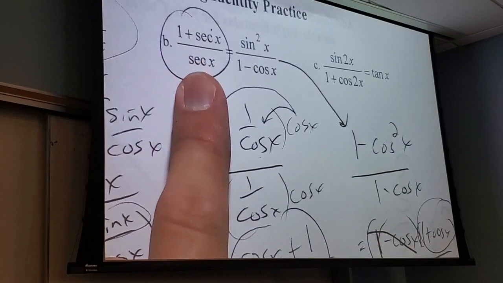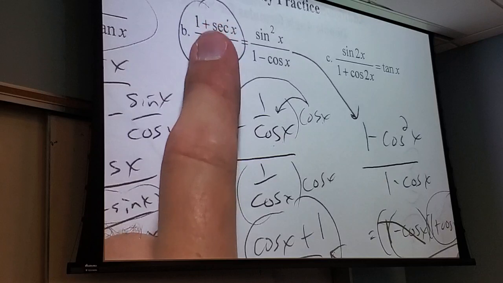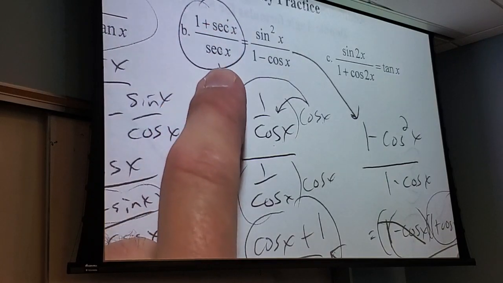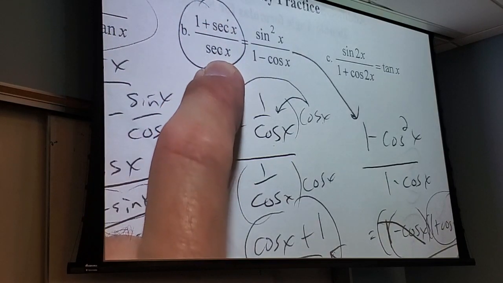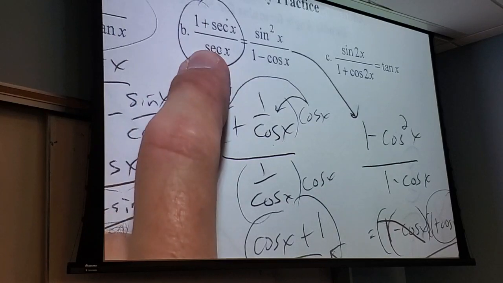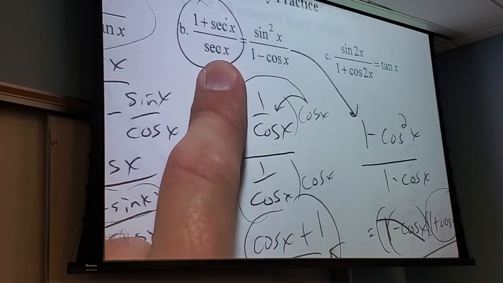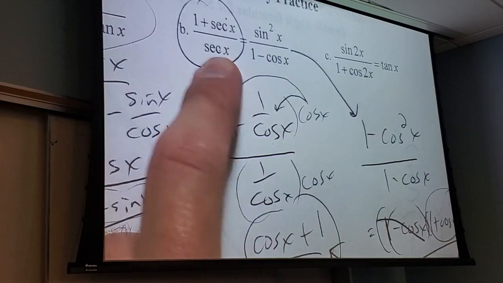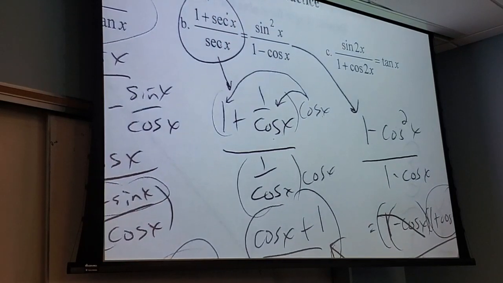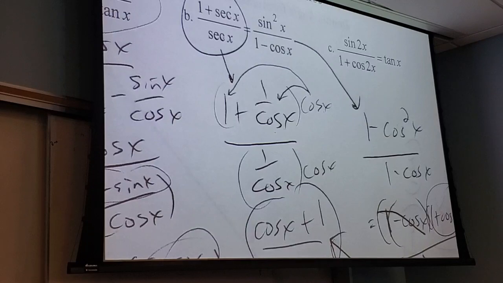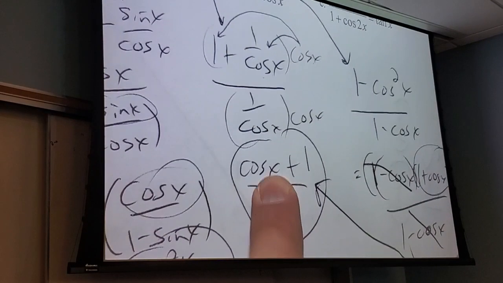What I would have done would have eventually been the same thing as this. But what's 1 over secant? Cosine. Plus, what's secant divided by secant? 1. So this is just cosine x plus 1. I can just see that immediately, right? So we did eventually get there here, right?